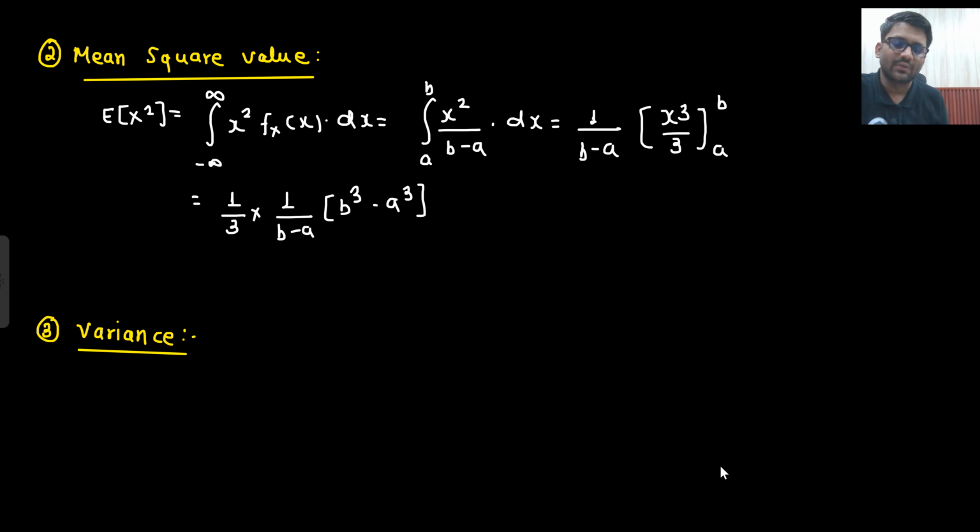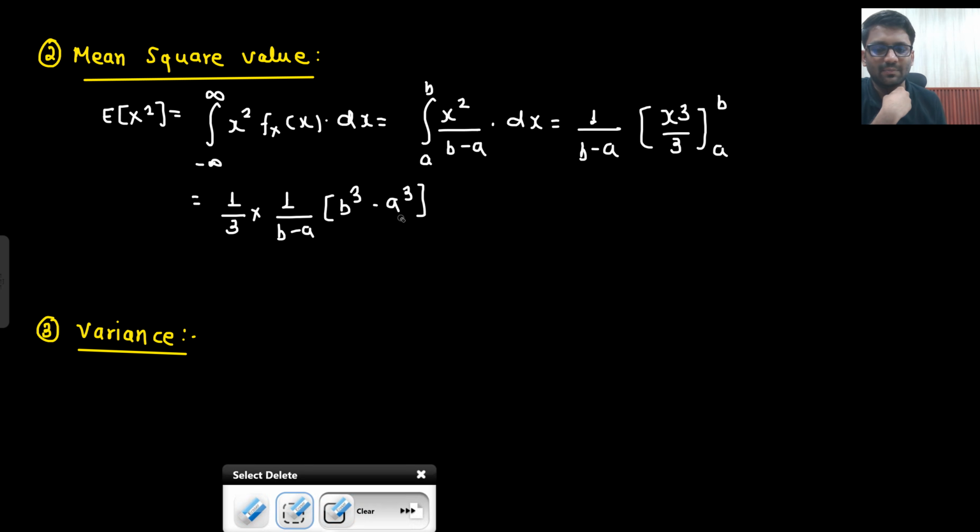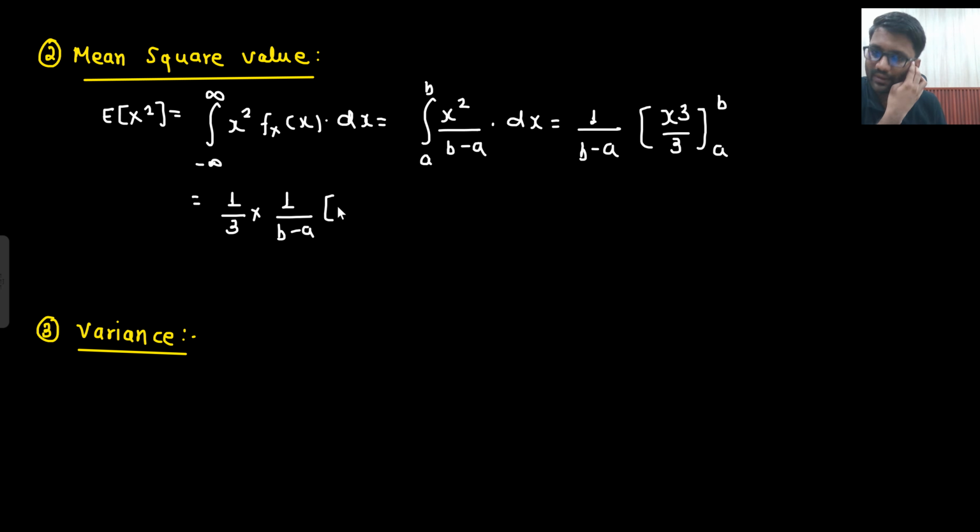So do you know the formula of b cube minus a cube? b minus a into b square plus a square plus ab, right? So this formula I am going to apply now. So what you are getting?